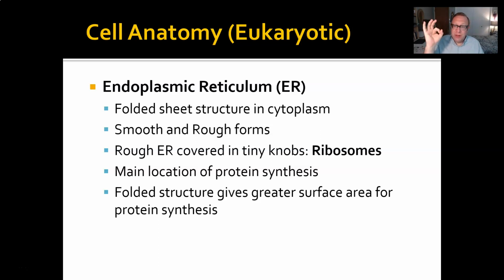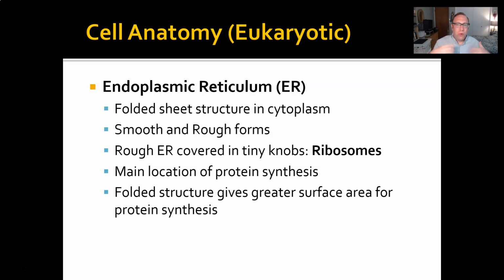And these ribosomes are integral to the process of protein synthesis. So making proteins. They're like little factories. And that is why they're involved in this process of protein synthesis. I'll lecture about it in one of the next lectures. This folded structure is important because it gives it greater surface area.